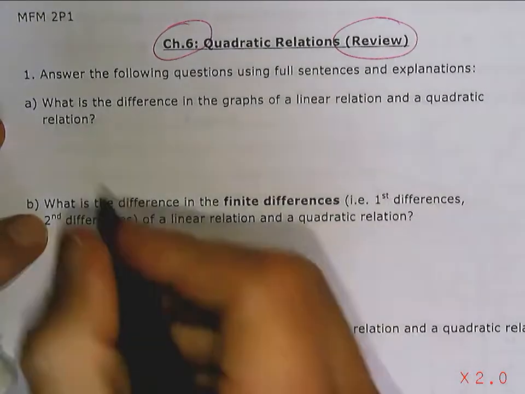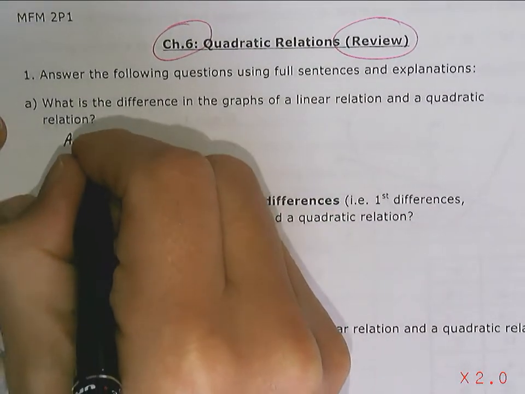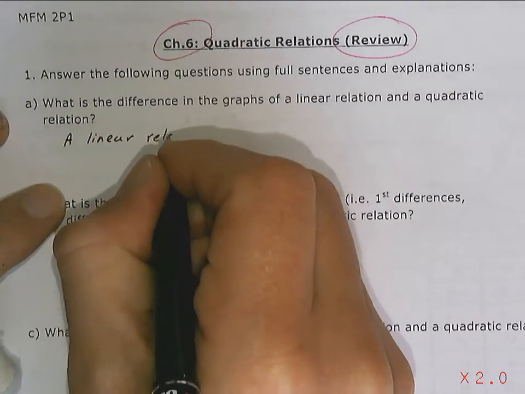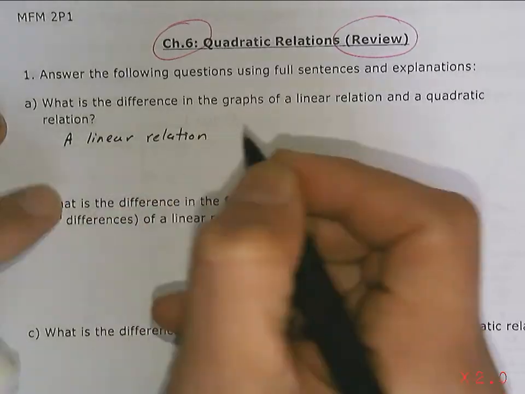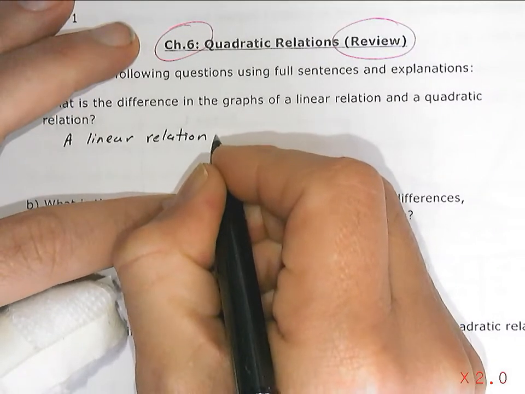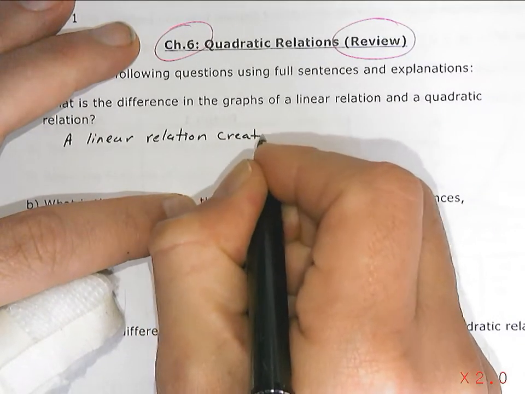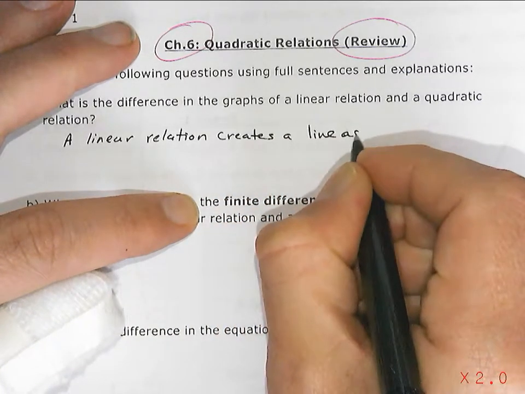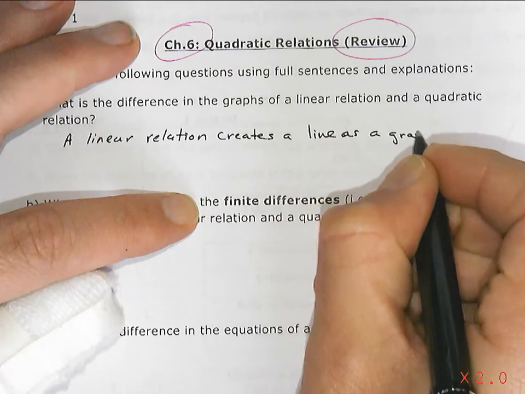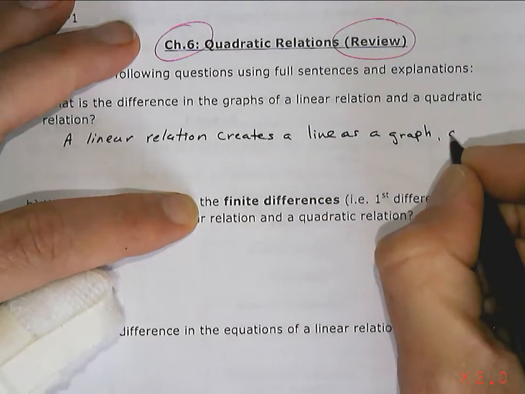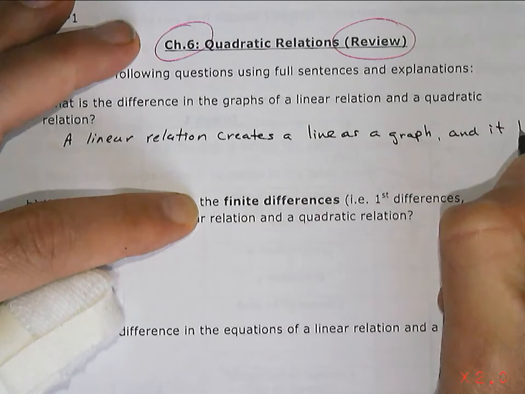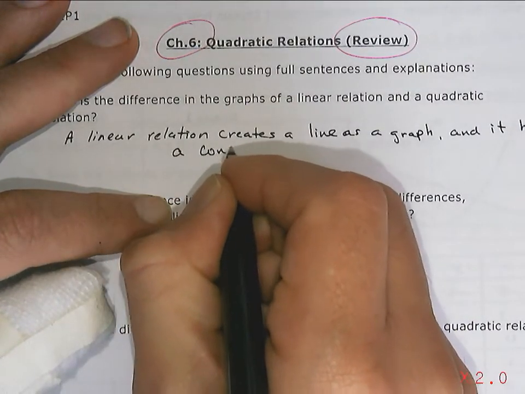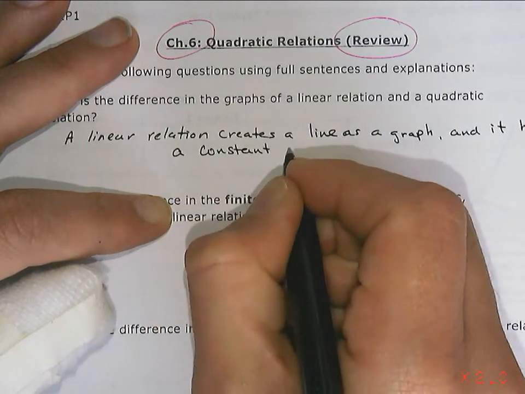Well, the differences are a linear relation creates a line as a graph. And it has a constant slope.